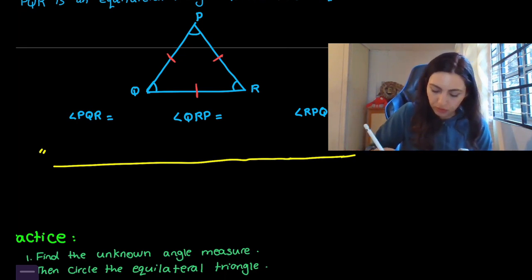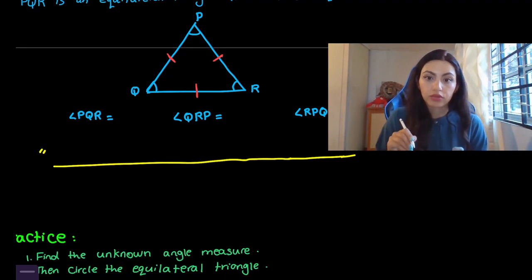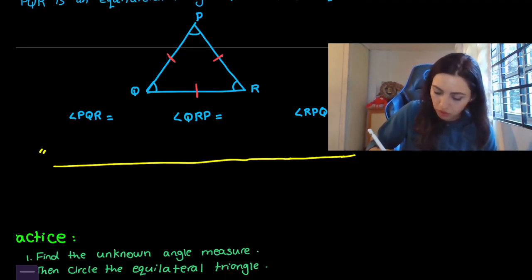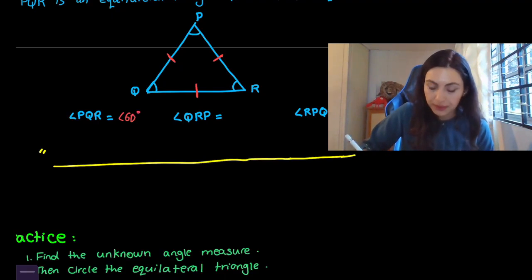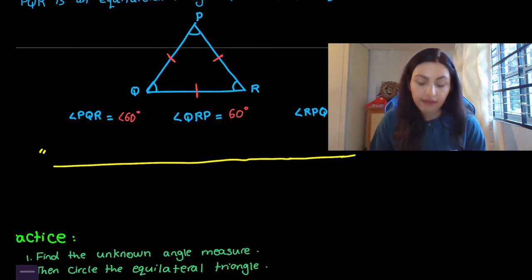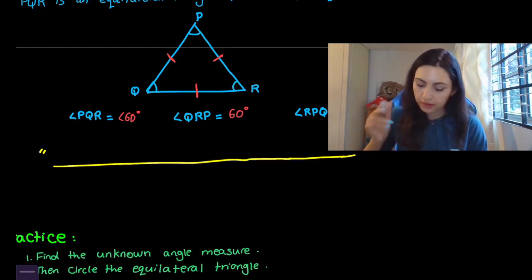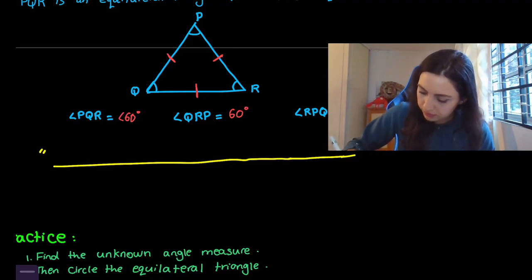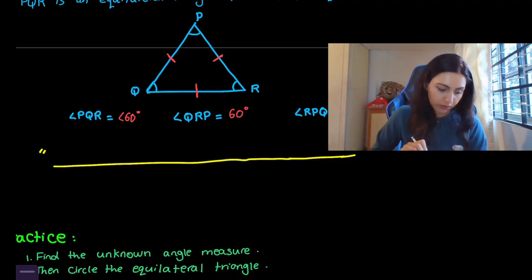All the angles are equal too. So angle PQR is 60 degrees. Angle QRP is also 60 degrees. And if we want the triangle to be an equilateral triangle, angle RPQ has to be 60. Okay, perfect.